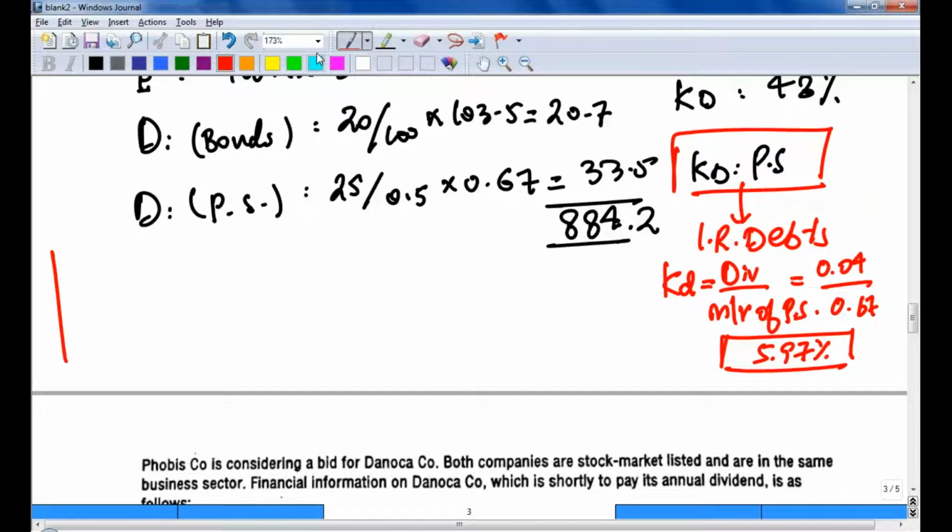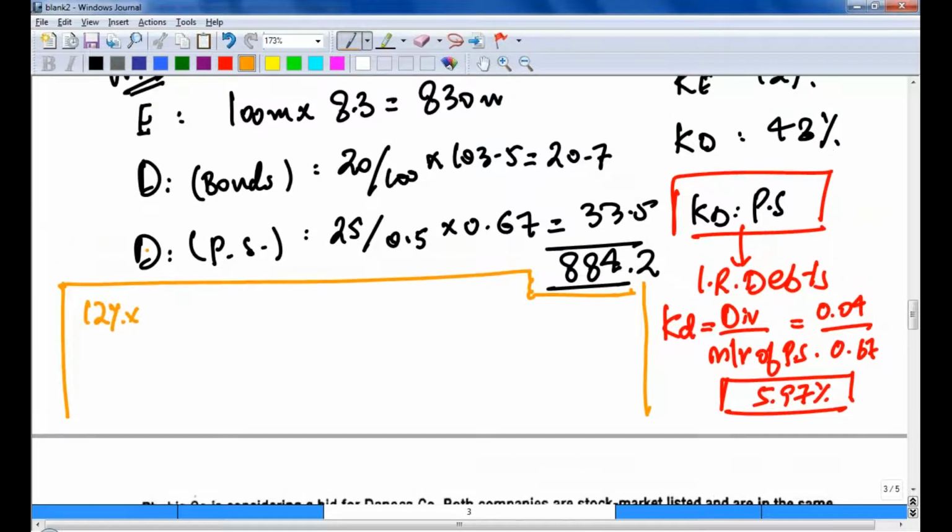Now WACC: 12% into 830 divided by 884.2, plus bonds KD 4.8%, already after tax, multiplied by 20.7 divided by 884.2, plus preference shares 5.97%.